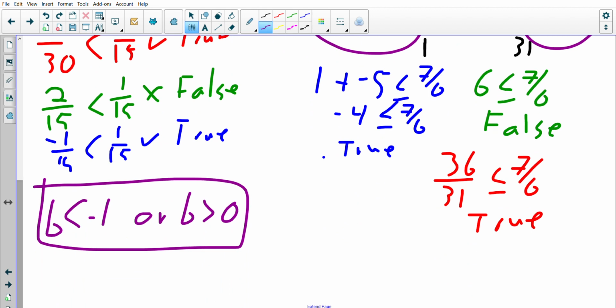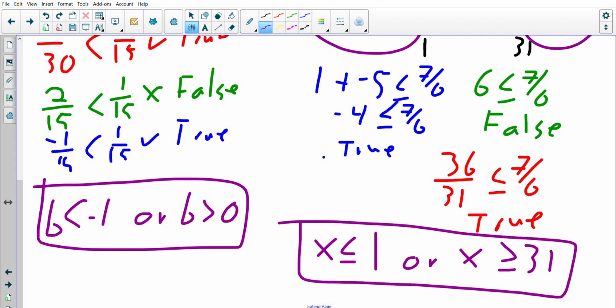So we have x must be less than or equal to 1, or x must be greater than or equal to 31. All right, so it's a little bit of work. Okay, and remember, we can't actually have 1 as an answer, so we have to get rid of that, or else it will fail. So we get rid of the or equal to part. So there we go.